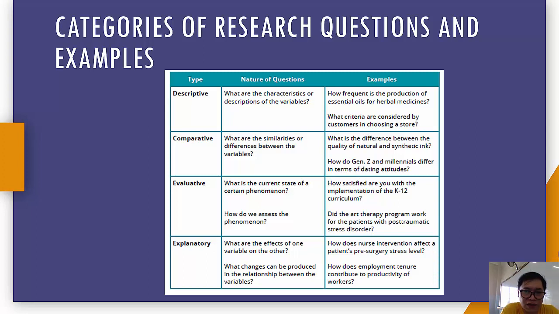So that is evaluative. Explanatory: what are the effects of one variable on the other variable? Okay, what changes can be produced in the relationship within the two variables? So we have here an example: how does nurse intervention affect patients' pre-survey stress level? Okay, how does employment tenure contribute to productive workers?